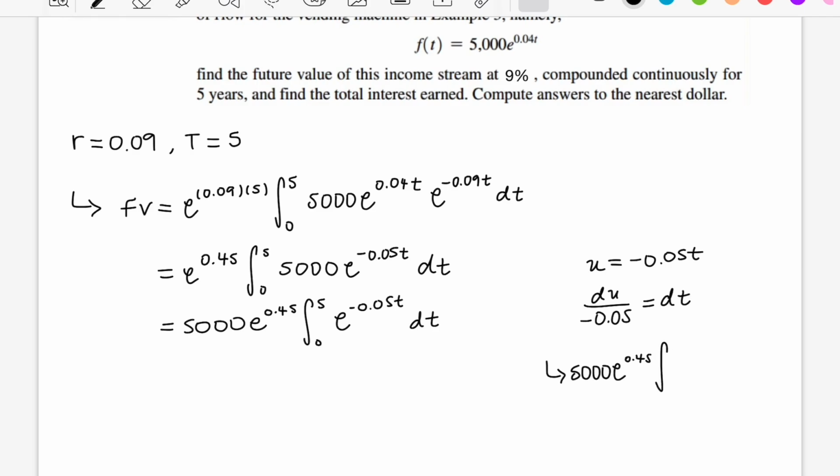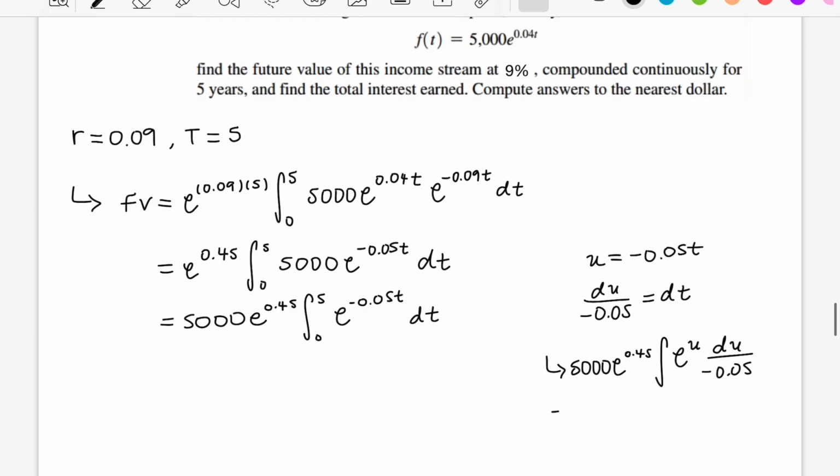Looking at the indefinite integral of e to the u, we have du over negative 0.05. Pulling that negative 0.05 out of our integral here, we'll have 5,000 divided by negative 0.05. So this is going to be negative 100,000. And we know that taking the indefinite integral of e to the u here is just going to be e to the u plus c.